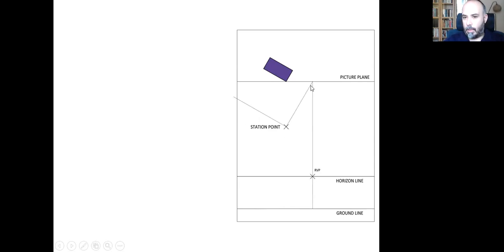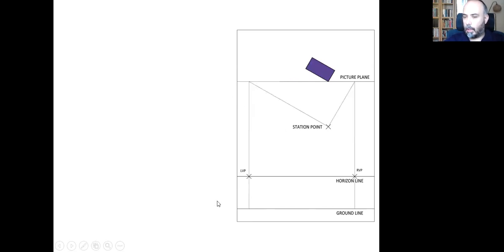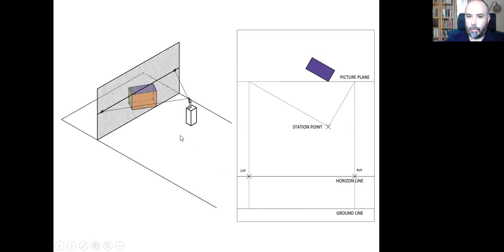But as you can see, I want to find the vanishing points. However, it is out of the borders of my paper. So I can just transfer this image so that the frame will get everything. And by combining the station point, picture plane with parallel lines, I can designate the positions of the left vanishing point and right vanishing point.